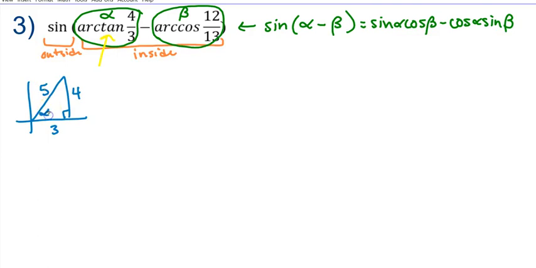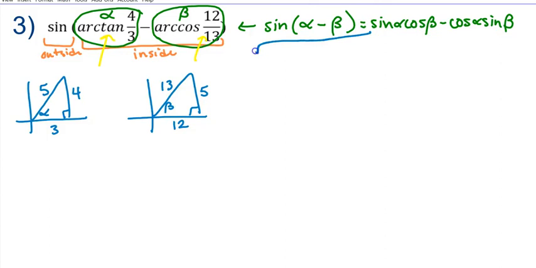And so that's alpha. And do the same thing for beta. Notice that we have a positive value there as well, and cosine is positive also in quadrant 1. So the reference triangle for beta in quadrant 1 has adjacent 12 and hypotenuse 13. Using the Pythagorean theorem leads you to 5 again for the missing side. So nice numbers this time.